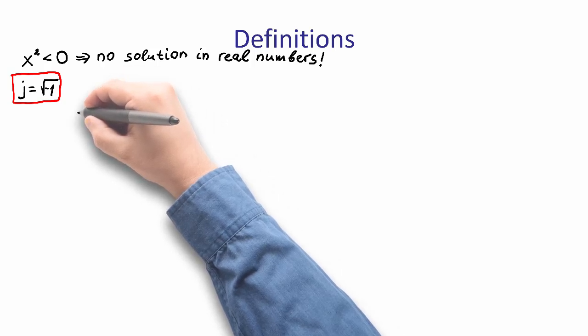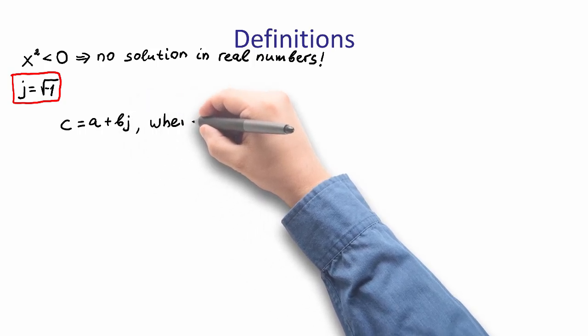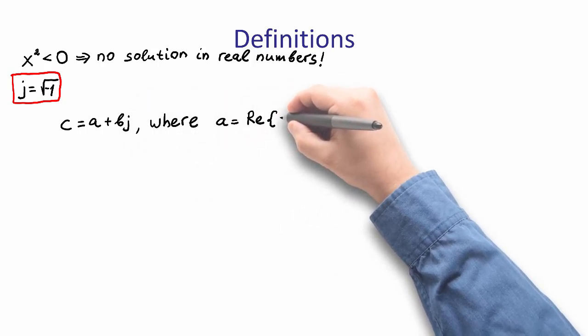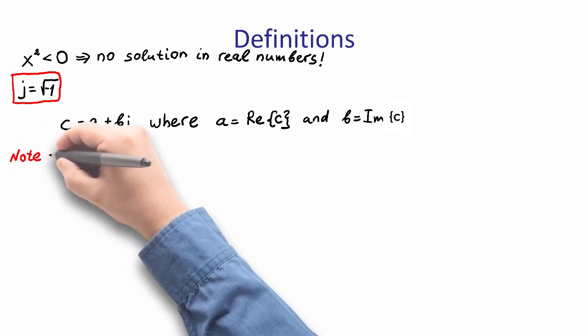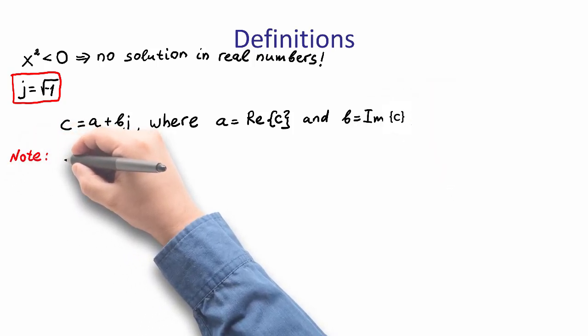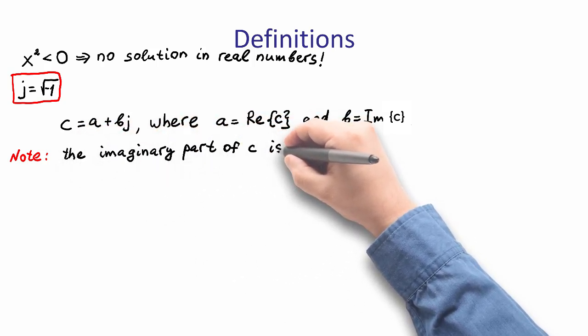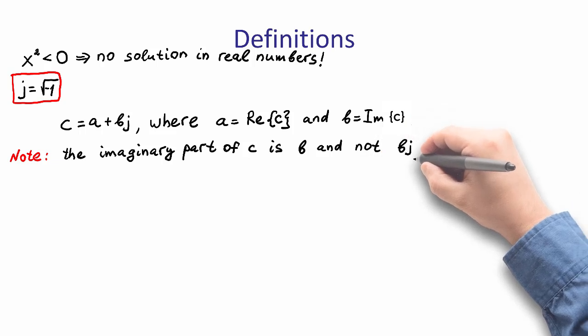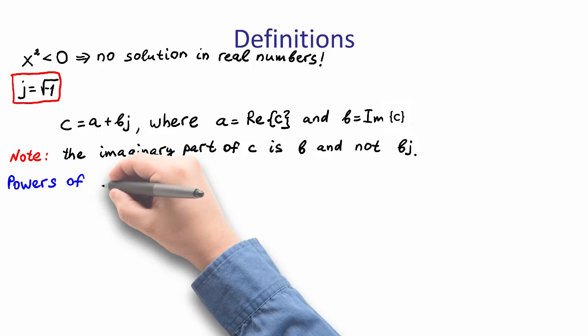We define the complex number c equals a plus bj, where a is the real part of c and b is the imaginary part of c. You need to note that the imaginary part of c is b and not b multiplied by j. So when you compute an imaginary part, you just write the b part, it's just the real number b.